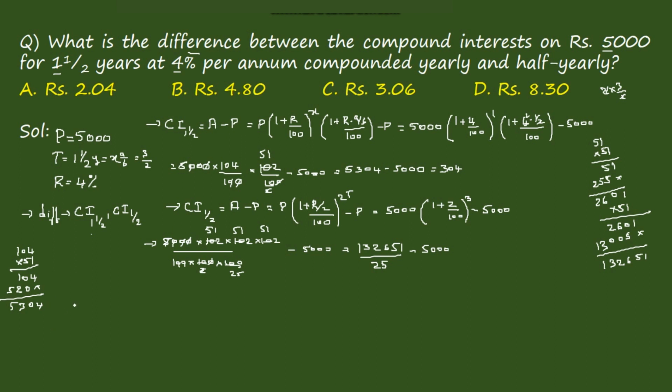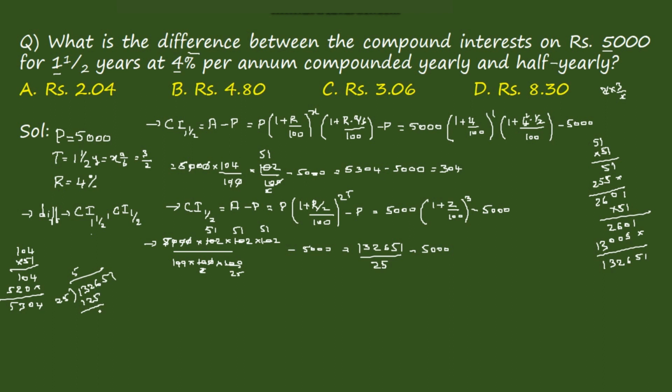Okay, just divide it. 25 into 132651, right? So just do it. It goes 5 times, it is 125, right?